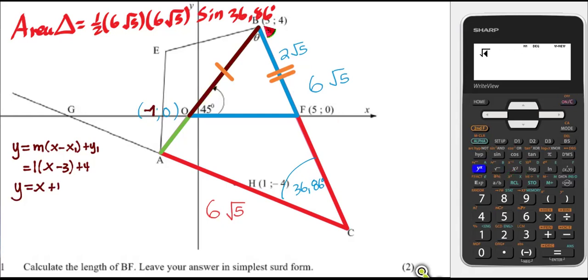I'll say 3 minus minus 1 is 4, but I must square it. 16 plus 4 minus 0, well, it's 4. Square it, it's another 16, equals 2. So the brown one is going to be 4 root of 2.